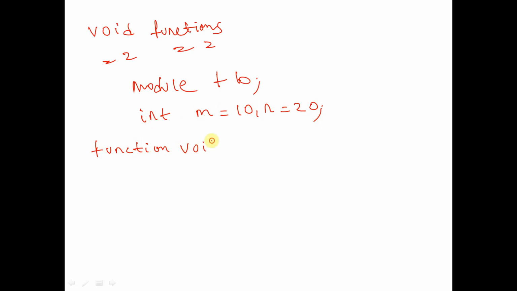For displaying, we can use void functions, function void display, and there are no arguments in this void function since it is not returning any value. Since it is not returning any value, it is a void function and there is no need to write any input or output arguments.